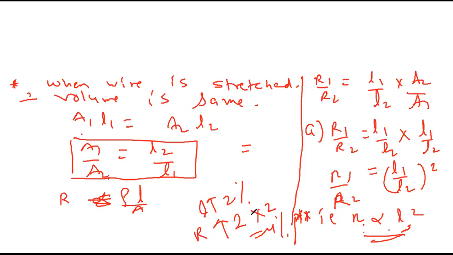Did you understand this concept? Yes, sir. You followed when to use R1 upon R2 equals L1 upon L2 squared, and when to use R proportional to L squared. If the increase is more than 5%, then this formula. Less than 5%, then this shortcut. Okay. Yes, sir. Please copy now.